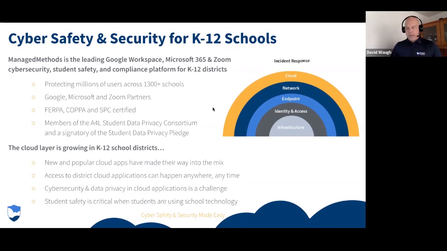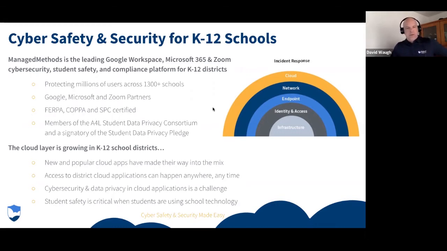We support and have partnerships with Google, Microsoft, and Zoom, and are looking to expand to others in the coming year. And we are FERPA, COPPA, and SOC certified, and we take the security and the data privacy very, very seriously. And we are proud to be members of the Student Data Privacy Consortium Signatory Pledge, and work closely with CoSN, the Consortium for School Networking.